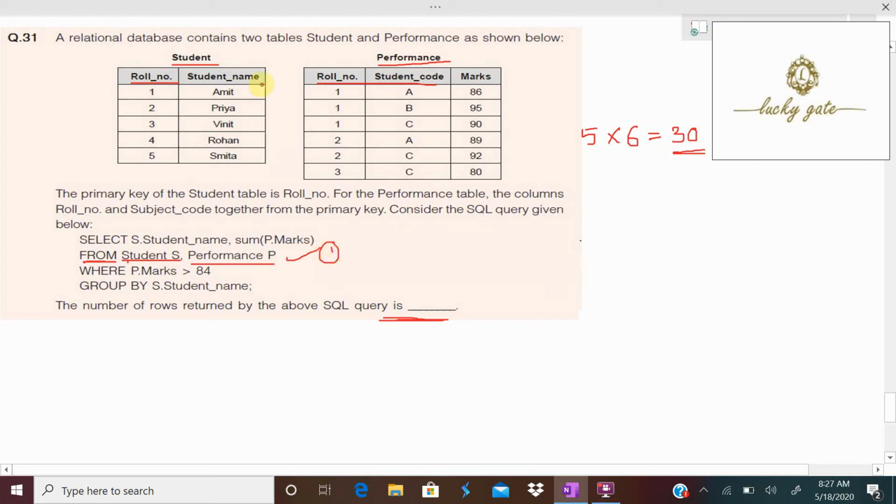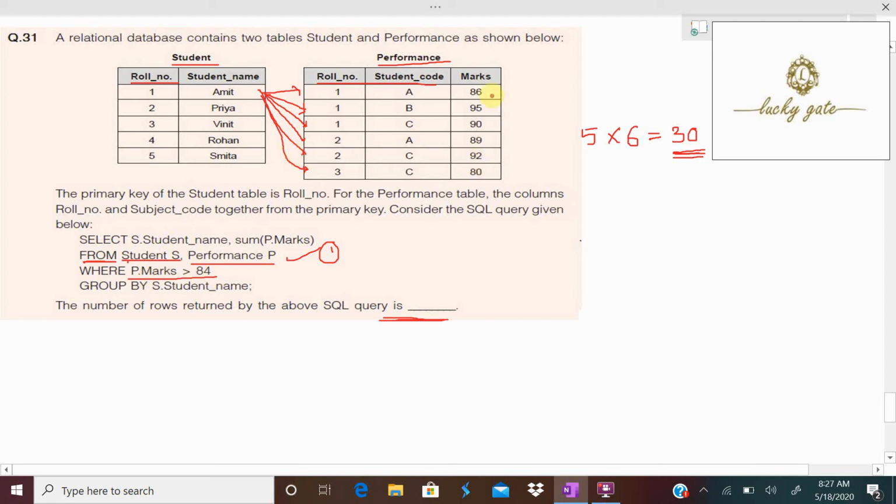Means you can have the first tuple with all tuples, second tuple with all tuples, third tuple with all tuples. Such mappings are possible. So like this you will get a total of 30 combinations of tuples as a result of this Cartesian product. And the next statement is where P dot marks greater than 84.